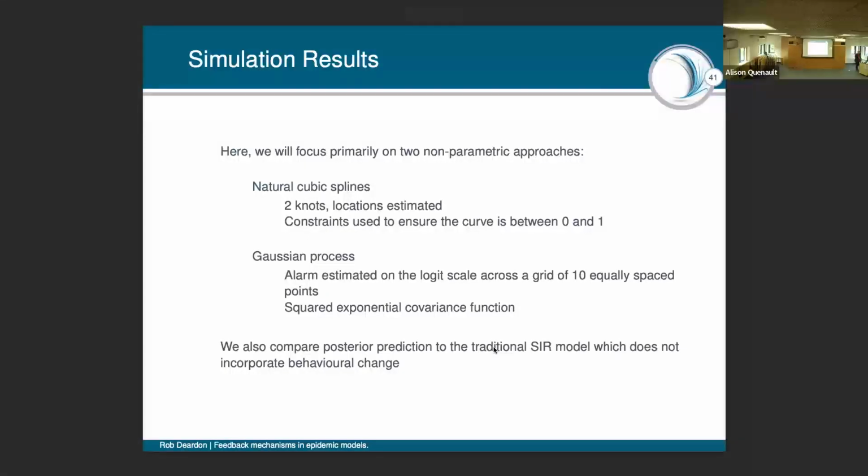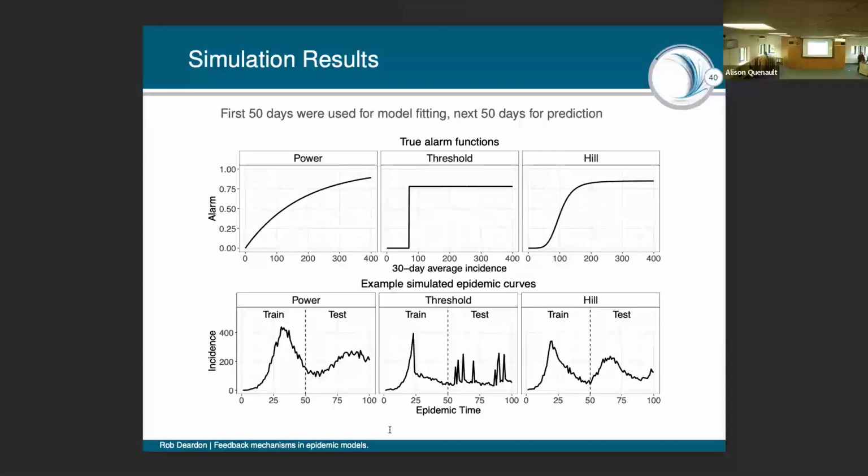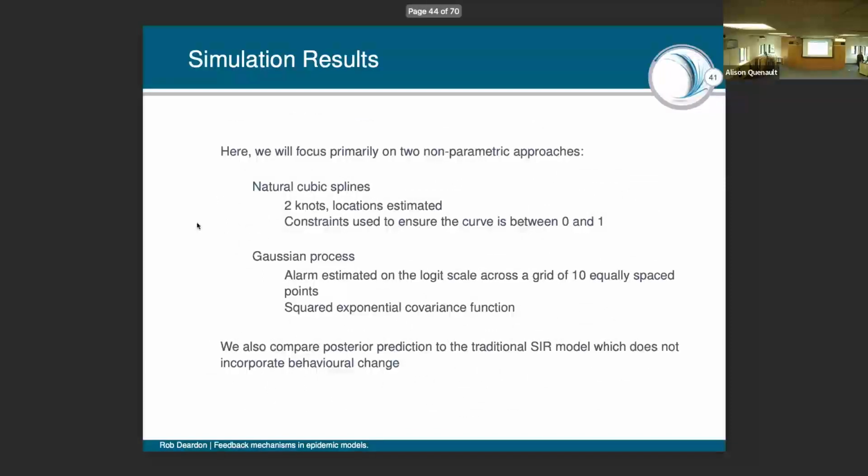So one of the things that I was really interested in is obviously in a real epidemic curve, we've got information about the disease dynamics, but we've also got information, presumably, about that behavioural change. So if you've just got, say, case counts, can you estimate a model with the alarm function and the transmission parameters and the infectious period? And can you do that if you make minimal assumptions about the alarm?